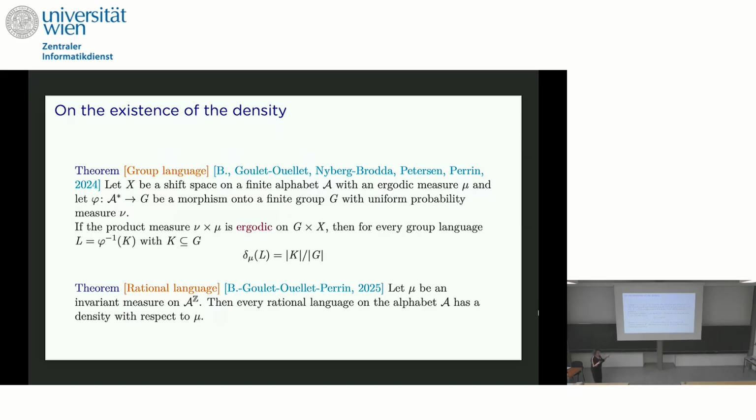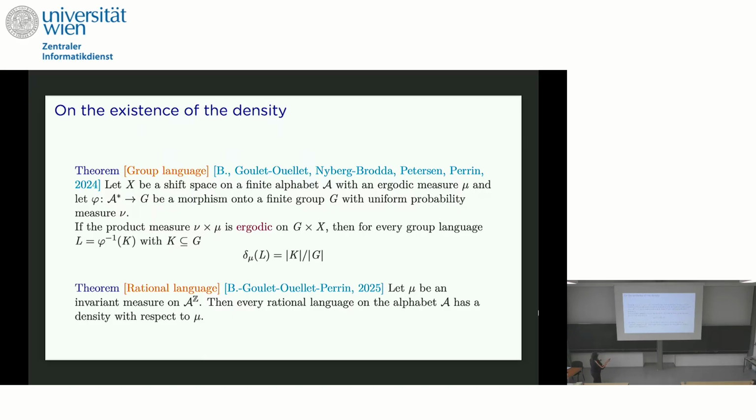So if you have ergodicity for the original measure times the counting measure, you have super good equidistribution. But if you don't have ergodicity, if you start just with an ergodic measure on your shift space, the density still exists.